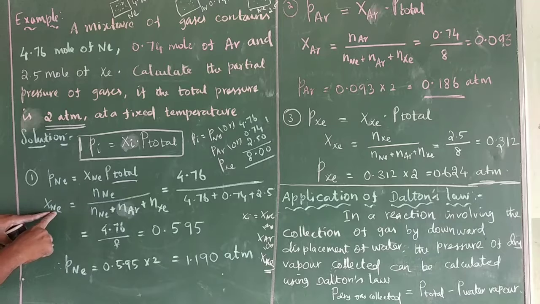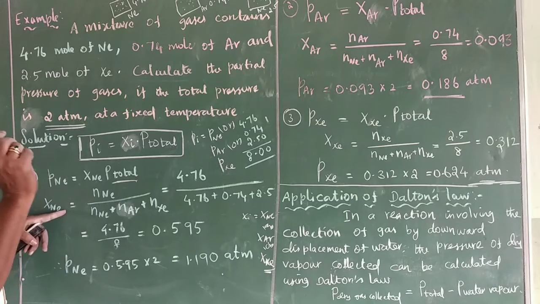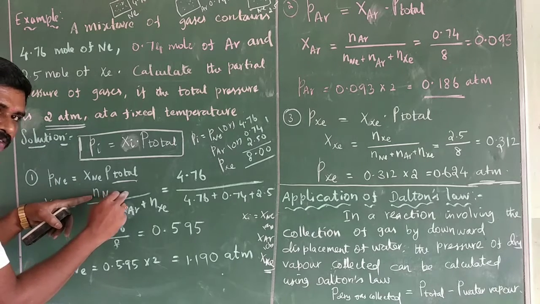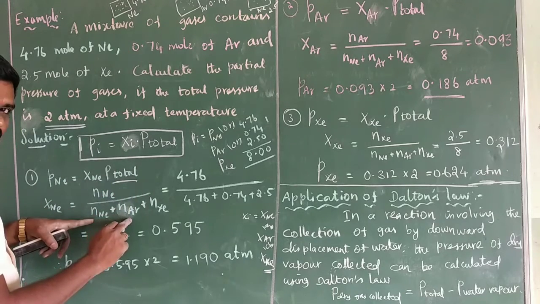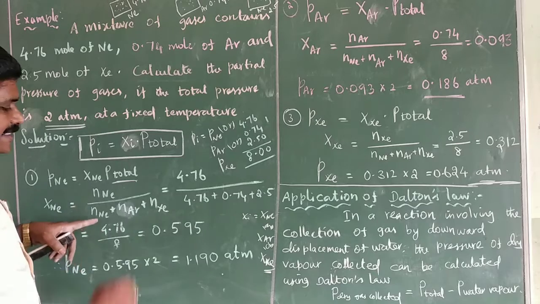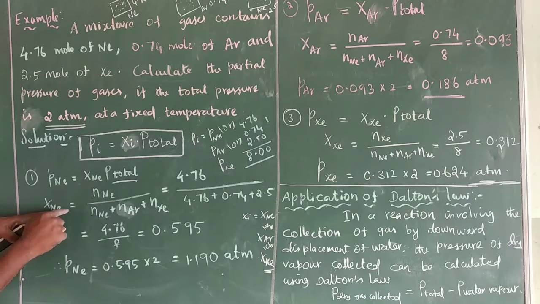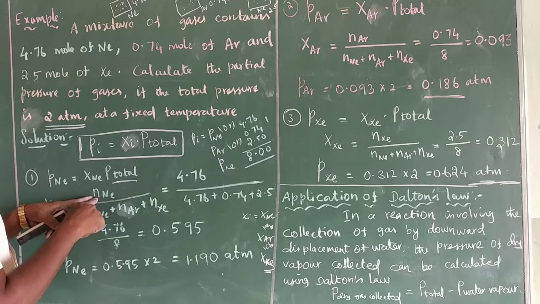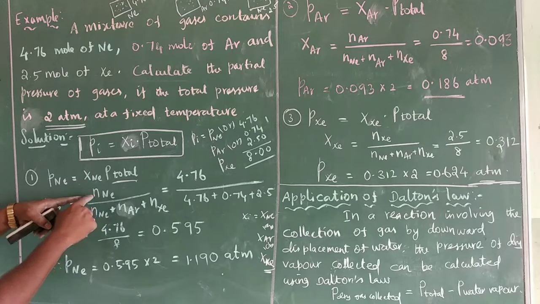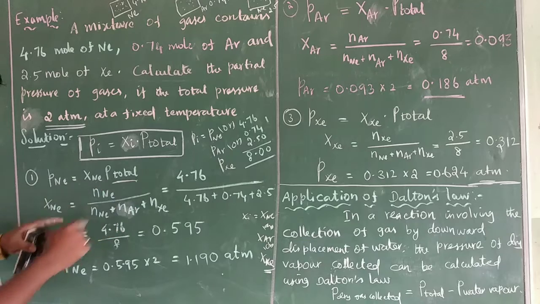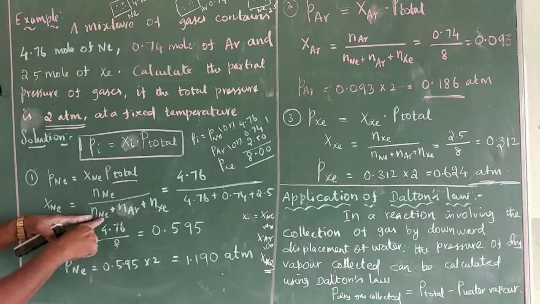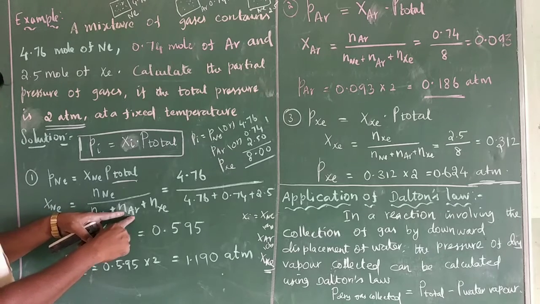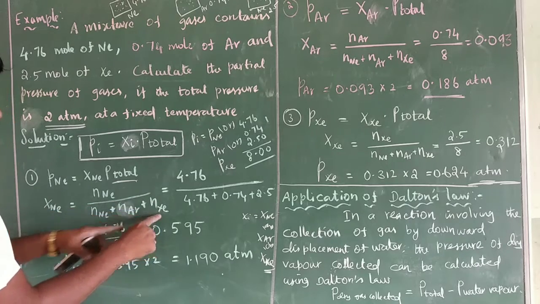The mole fraction is equal to the number of moles of the individual gas divided by the total number of moles of the gaseous mixture. So the number of moles of neon divided by the number of moles of neon plus argon plus xenon.